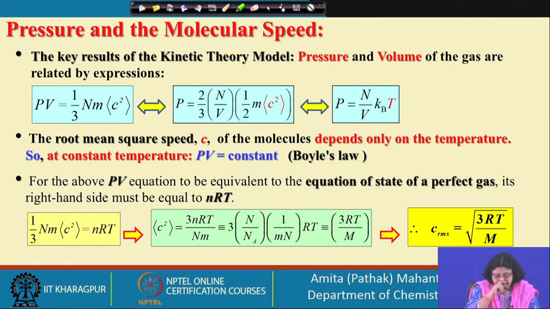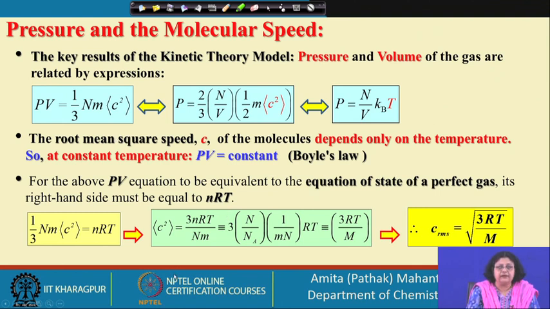Again, if I have the PV equation and I say that equation can be equated to the equation of state of a perfect gas, that is PV equal to nRT, then this part PV should be equal to nRT. That is how I equated this. This is also PV, so I equated it to nRT.